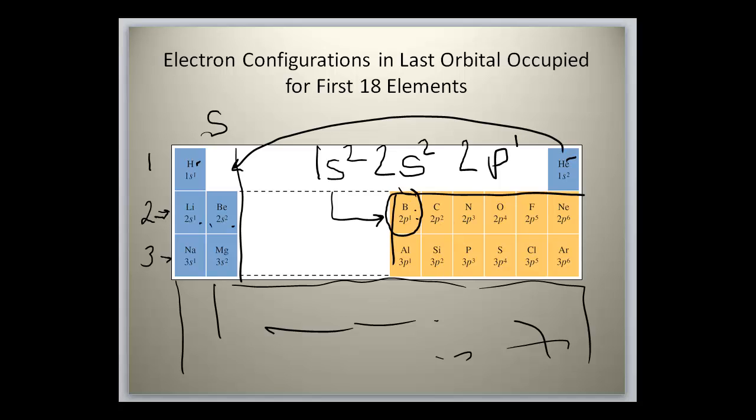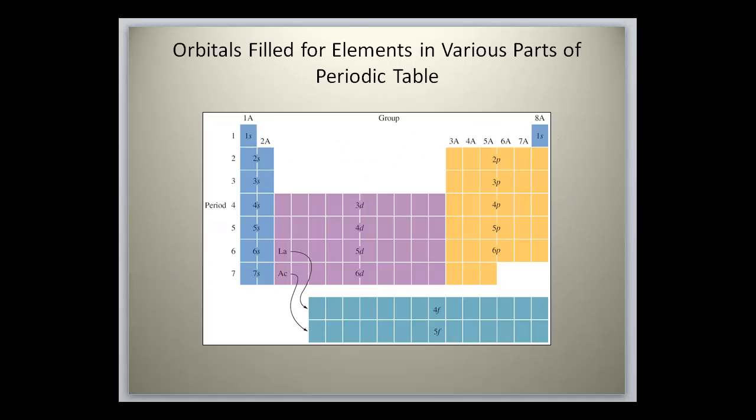Let's take a look at the whole periodic table and write electron configurations for a few. Alright, so let's say you want to write the electron configuration for phosphorus, which would be located there on the periodic table.